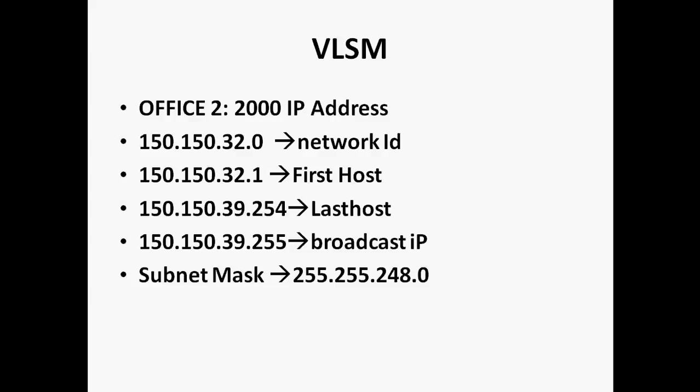So the network ID should be 150.150.32.0. Here we can see 31.255 is the ending IP, so the next office starts from 32.0. The first host should be 32.1, the last host should be 39.254, the broadcast IP should be 39.255, and the subnet mask should be 255.255.248.0.